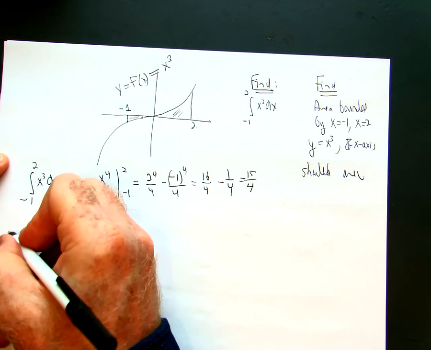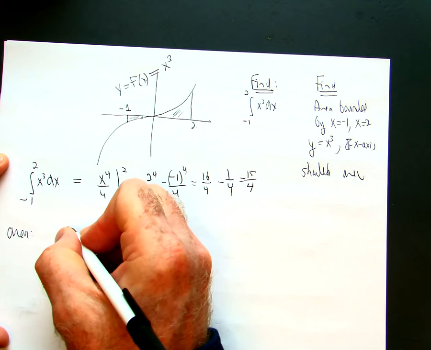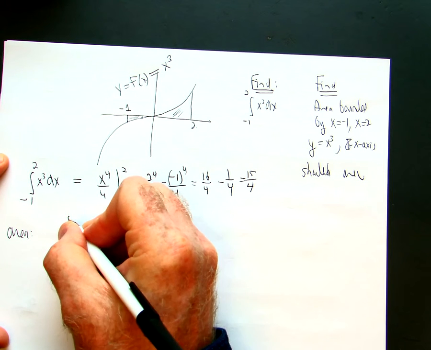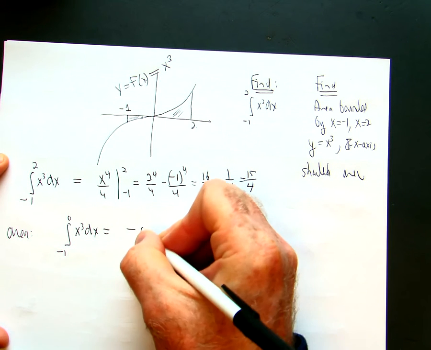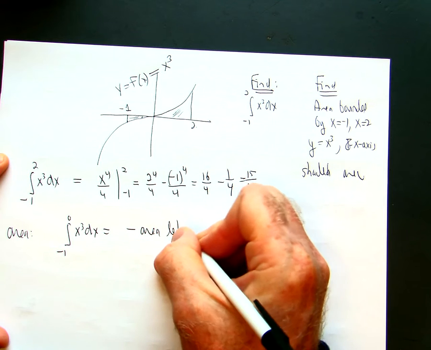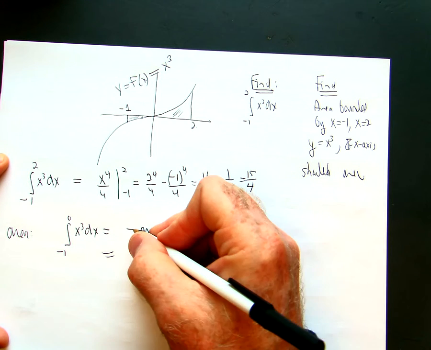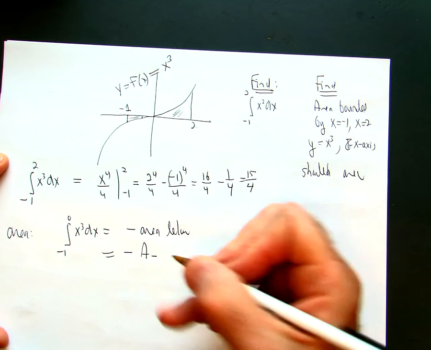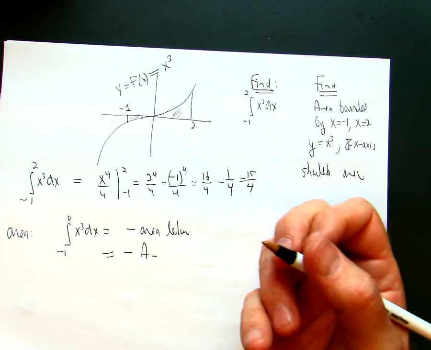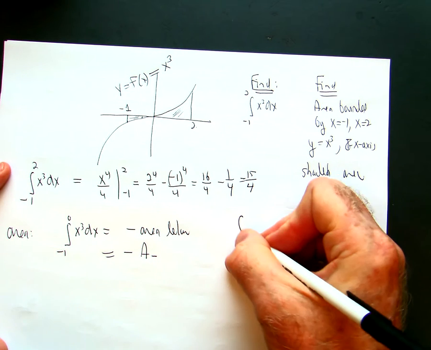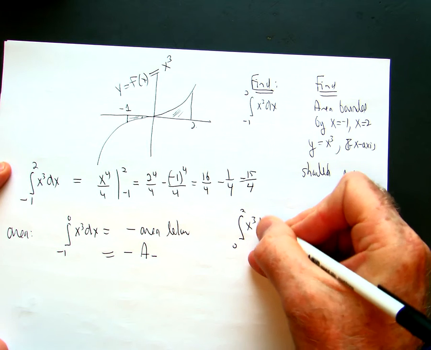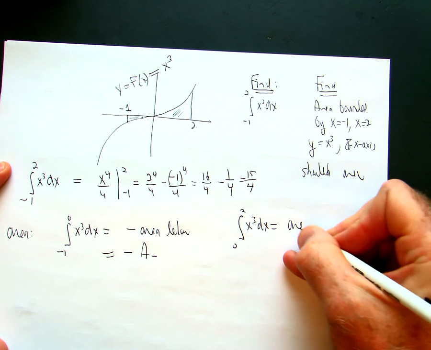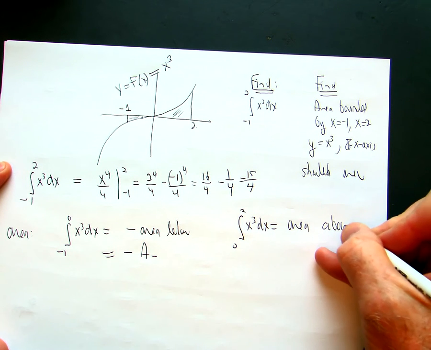Okay, now I'm going to look at the area. And what I'm going to do is notice that this is going to be minus the area below. I'm sorry, yes, it's going to be minus a minus. So it's going to be negative. And then this integral, 0 to 2 of x cubed, is going to be the area above.